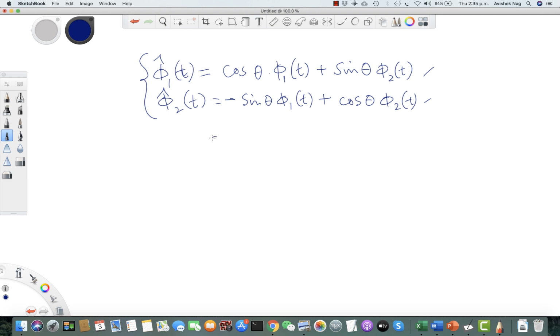So to show that, we have to ensure that this integral is 0.